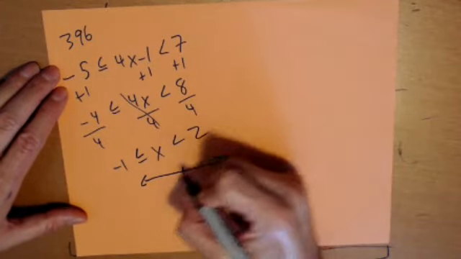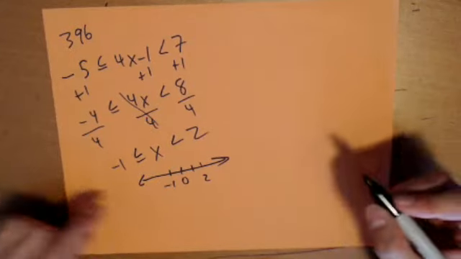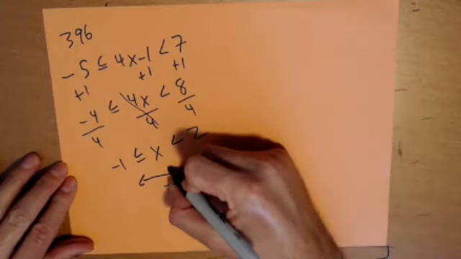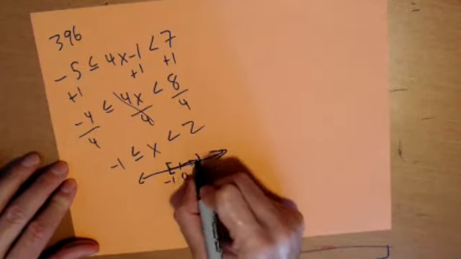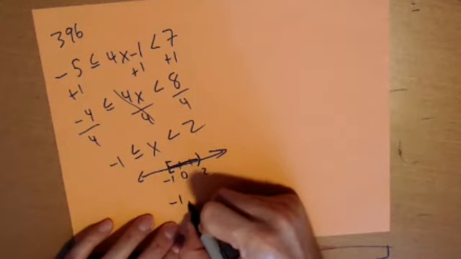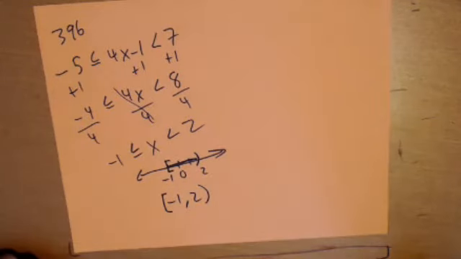So here's 0, here's negative 1, here's 2. I'll do it the way our book would do it. They'd put a bracket, and then a parenthesis, and then shade everything between. And then the answer would be negative 1 to 2, bracket, parenthesis. Ta-da!